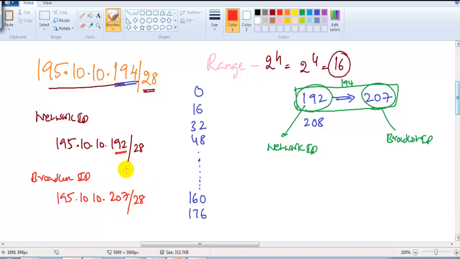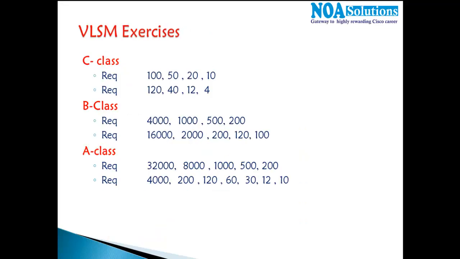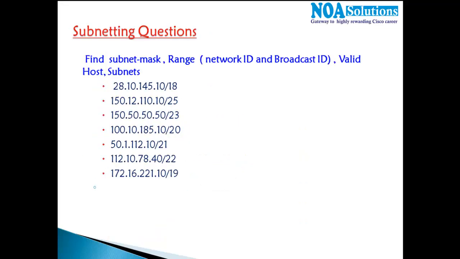So we cannot use 192 and we cannot use 207, because they are the network ID and the broadcast ID. So this is how we calculate. For C class examples or B class examples, it's going to be the same calculations. I have some questions for you, probably you can try these questions here. Anyway, I'll be getting into one more example where I'll be covering some B class examples.